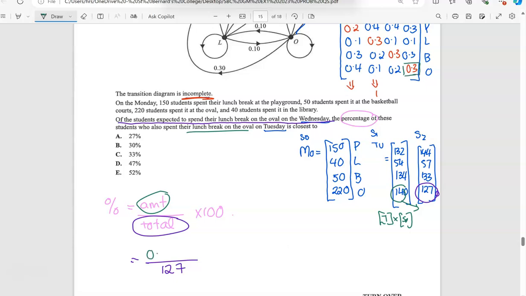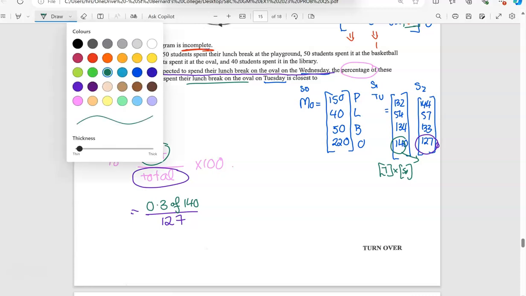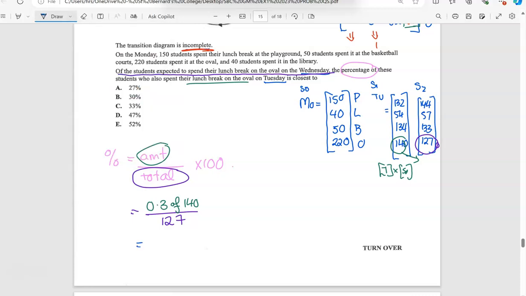So we want 0.3 of the Tuesday ovals. So you just go 0.3 times 140 over the 127 and times by 100.